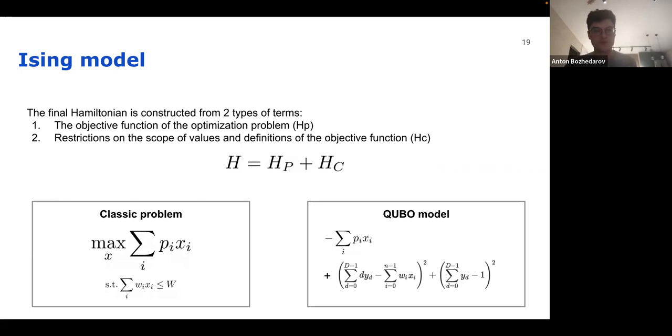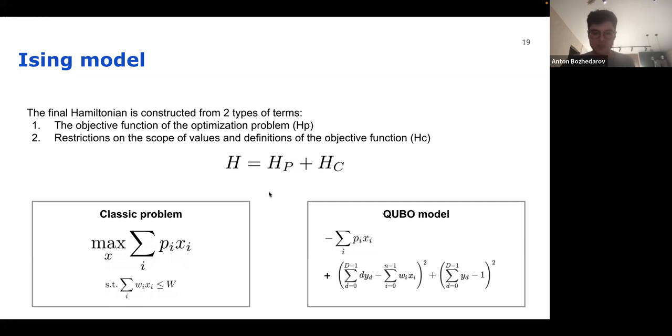So we have hard constraints and soft constraints. If you have hard constraints, it means that the weight of this constraint in the final energy function should be much more than the weights of the target cost function.